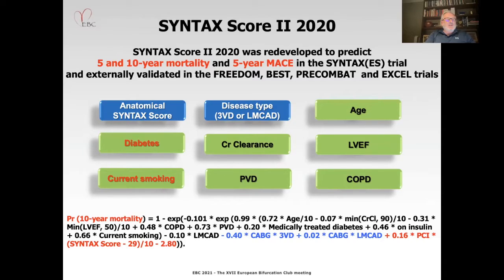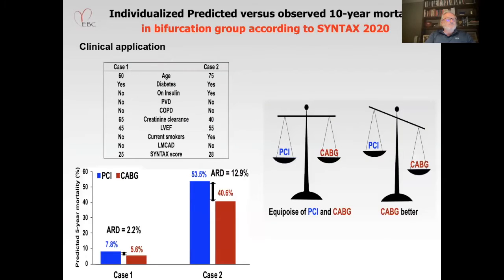The probability of 10 years mortality can be calculated with the formula at the bottom of the slide. If you intend to treat the patient with CABG, use the formula with the blue parameters related to CABG. If you intend to treat the patient with PCI, you use the formula with the red parameters related to PCI.